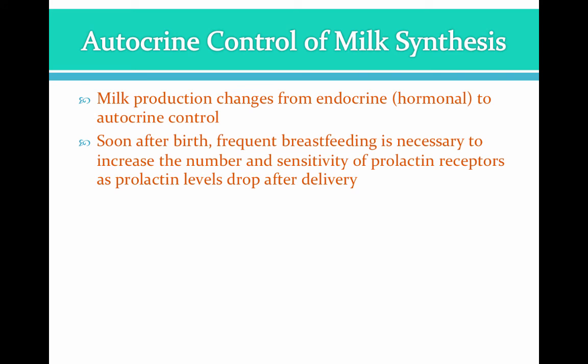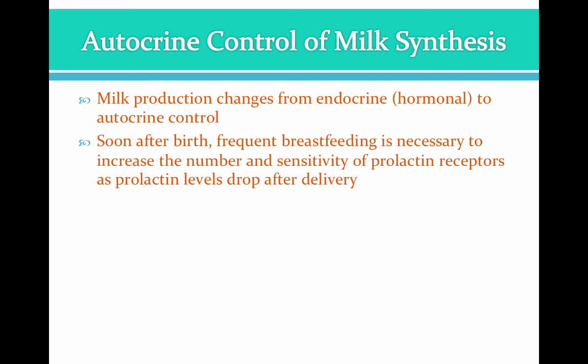Soon after birth, frequent breastfeeding is necessary to increase the number and the sensitivity of prolactin receptors as prolactin levels drop after delivery. And both prolactin receptors and frequent feeding are necessary to maintain milk production.